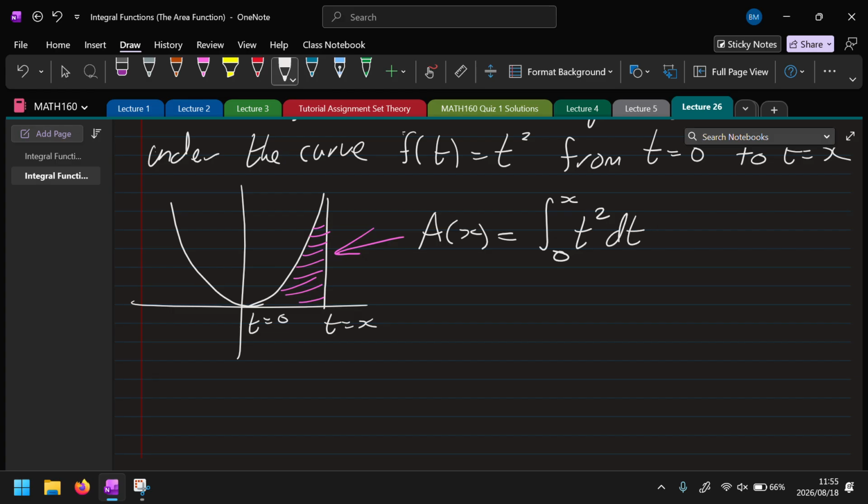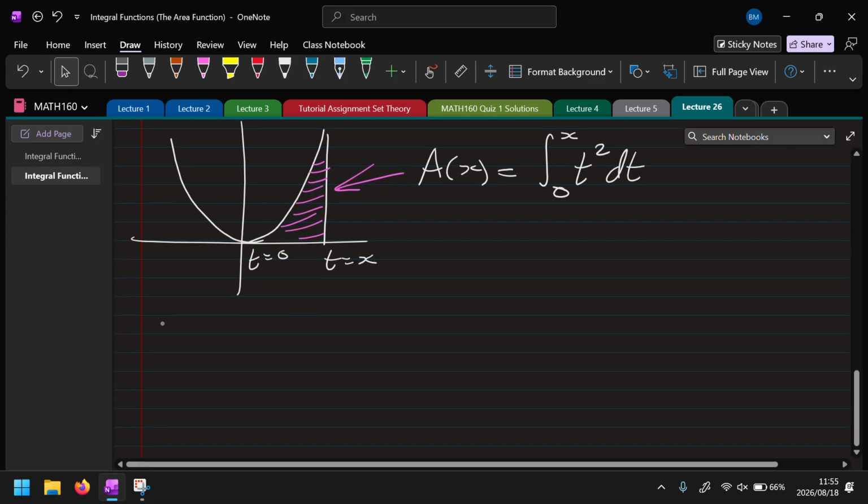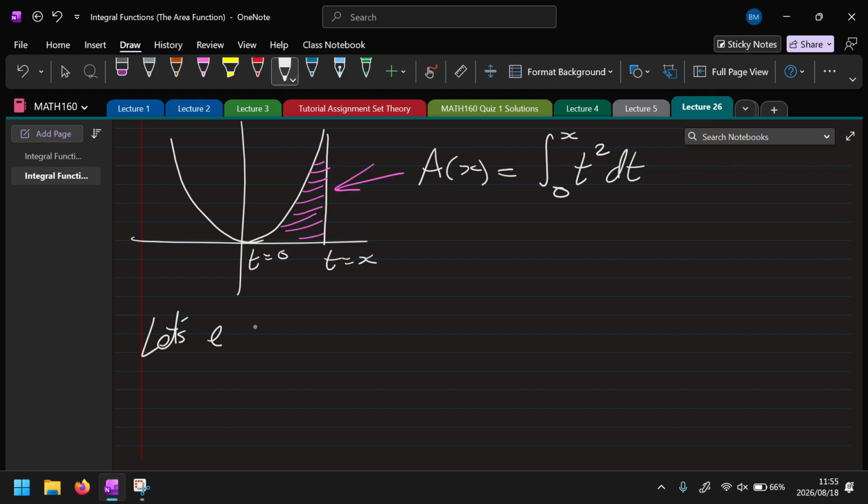And this is an integral function, a function defined as an integral. Now, this is not those non-elementary types. We're going to figure out what this actually looks like. So let's evaluate this integral and see what function we get.